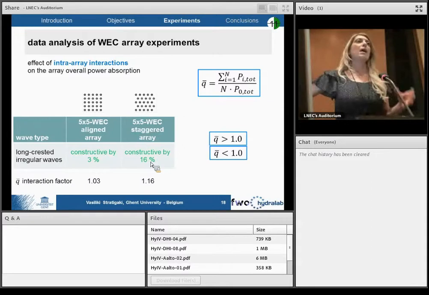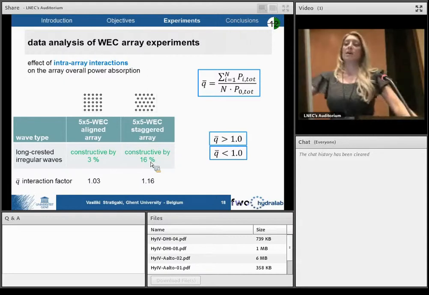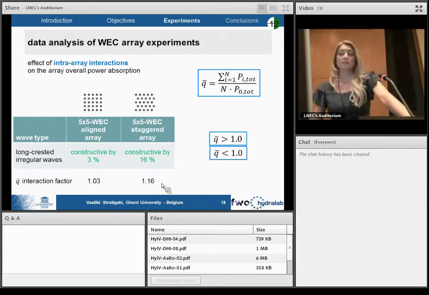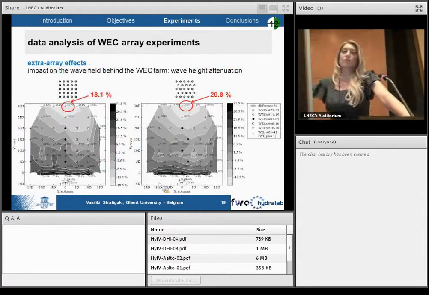The crosses indicate the location of the wave gauges, while the rest of the symbols show the location of the 25 devices. So we see that in the lee of 25 aligned devices, we have up to 18.1% wave height attenuation, while when we look at the same location for the staggered array, this attenuation reaches almost 21%, which is normal because in this case we had higher power absorption by this array.